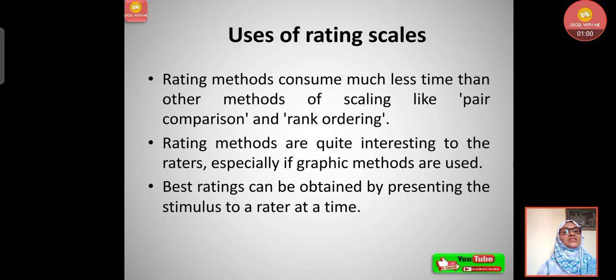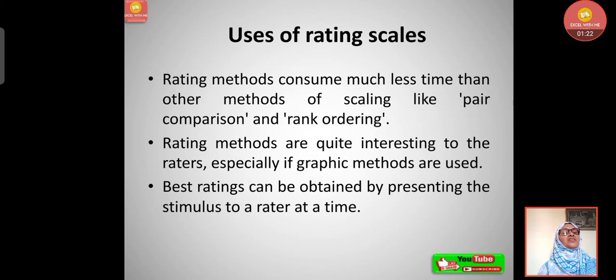Today we are going to discuss uses of rating scales and limitations. Let's begin with uses of rating scales. Rating methods consume much less time than other methods of scaling, like pair comparison and rank ordering. So this rating scale is less time consuming.